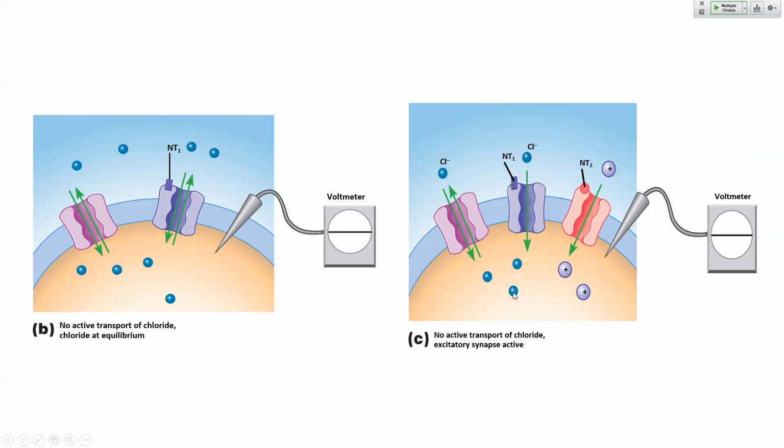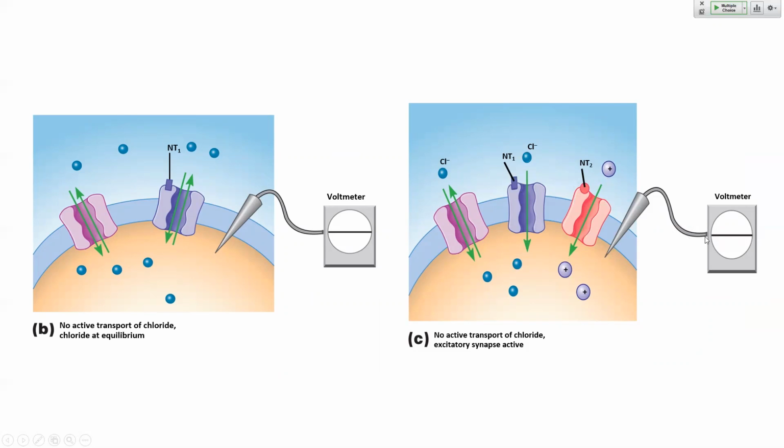But on a cell that has a chloride channel that's associated with this ligand, as well as a sodium channel that's also associated with the ligand, for every positive charge that comes into the cell, a negatively charged chloride also comes into the cell. And so what this does is it completely cancels out any membrane potential change. And we can see that here on our voltmeter.